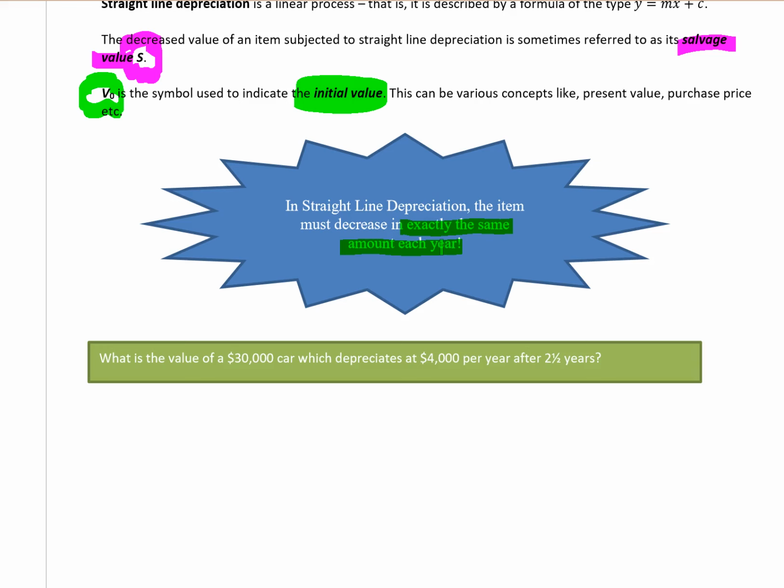Now you can see here that I have an example, and it says, what is the value of a $30,000 car which depreciates at $4,000 per year? Now that's telling us that it's at a constant amount each year after 2.5 years. Now, we could answer this question with no reference to a formula.